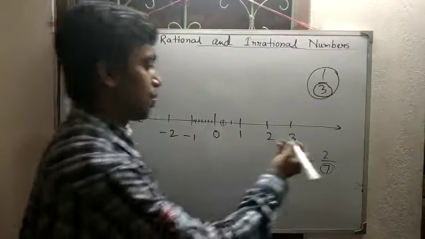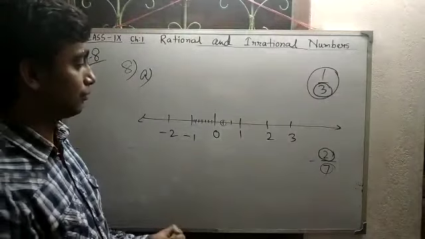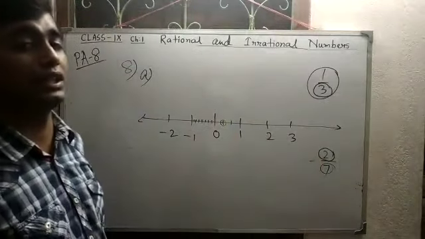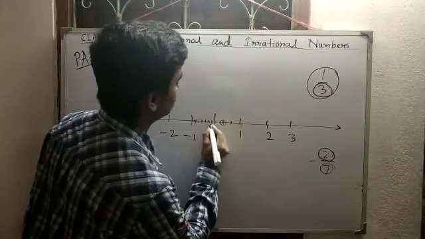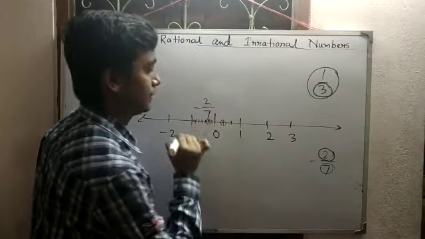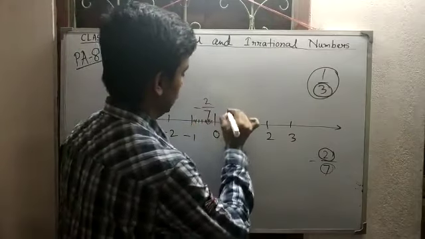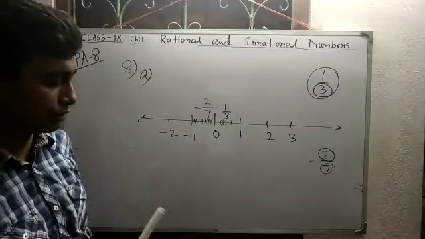Out of which 2 we have to take. But because this is a negative number, we have to go to the left hand side. So from the origin 1, 2. So it will be minus 2 by 7. This way we can solve the sum.